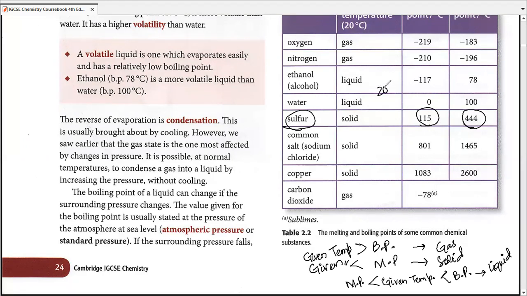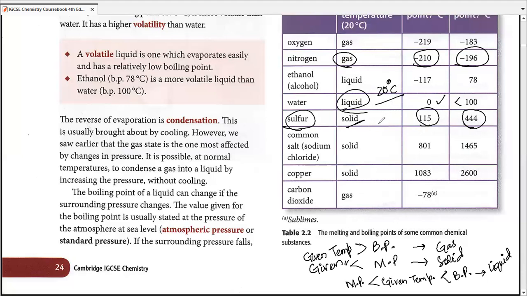The given temperature was 20 degrees centigrade at the top of this table, hence it's a solid. Why? Because the given temperature is smaller than both melting and boiling points. If the given temperature is bigger than both melting and boiling points, it's a gas. If the given temperature is greater than the melting point, but smaller than the boiling point, it's a liquid. Make sense?